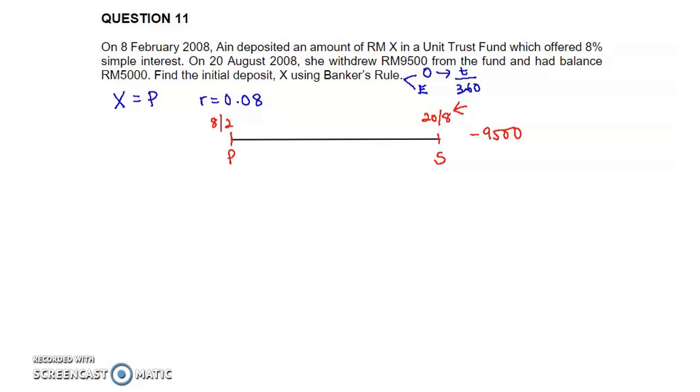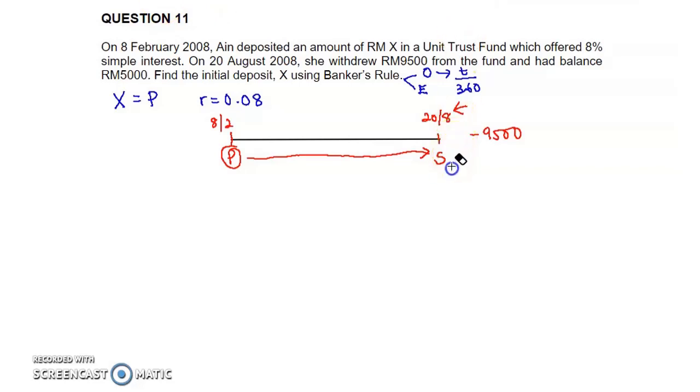So meaning to say that as on 20th August, you invest P ringgit, you wait until 20th August, your accumulated amount will be equal to S. So when you have S, you withdrew 9,500.